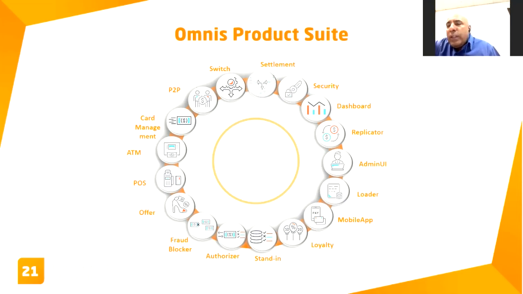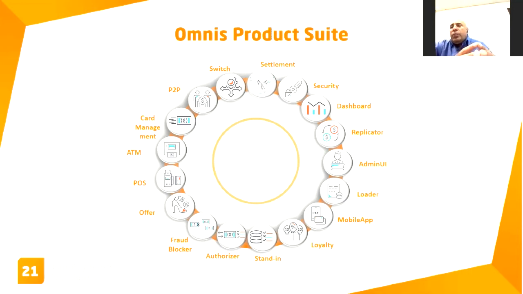It will authorize the transactions based on the daily balance, or based on rules that you configure and set up within the system. Then one of the add-on modules is the fraud blocker. The messages are passed to the fraud blocker to check if those transactions should be authorized or if those transactions should be declined. So that's another add-on module.